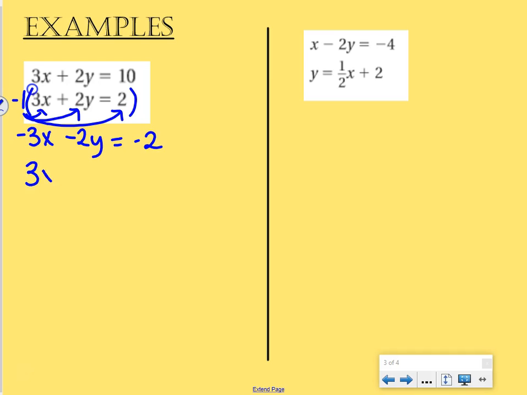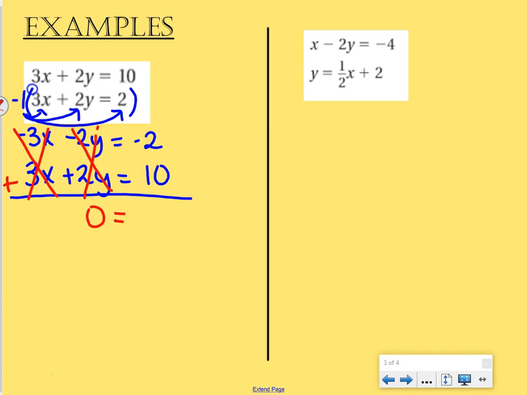Copy down the top equation, 3x plus 2y equals 10. And we get negative 3x plus 3x. Well, that cancels out. Negative 2y plus 2y, that cancels out. So we have 0 equals negative 2 plus 10 is 8.